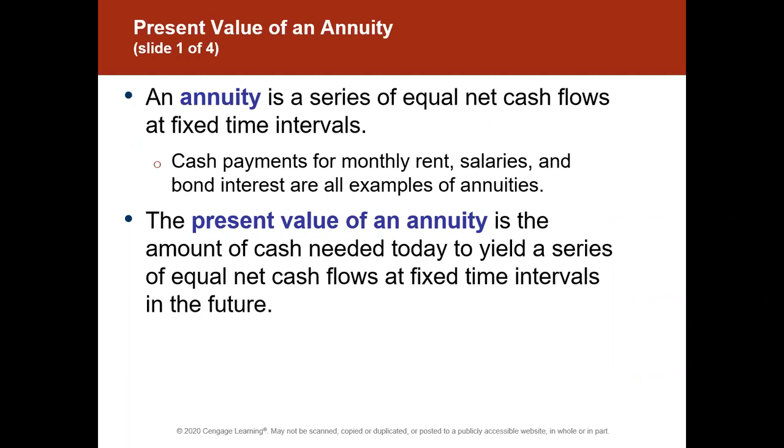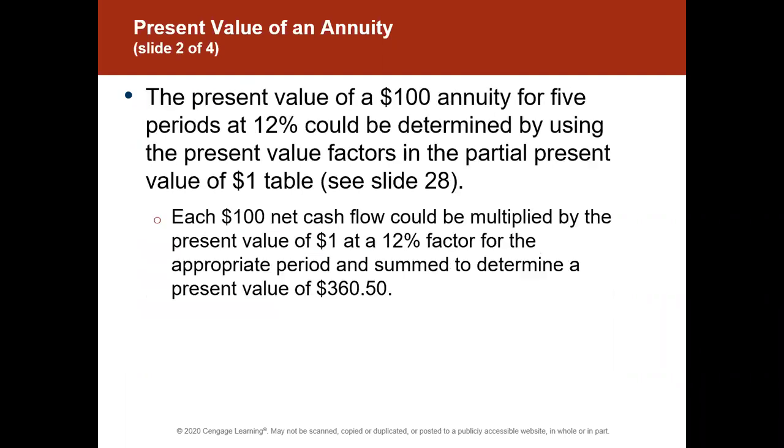So it's a series of $900 payments for 10 years. And the present value of an annuity just asks that question: if I was going to get 10 years' worth of $900 payments, how much would that be worth in today's dollars? Does that make sense? That's what the present value of that is.